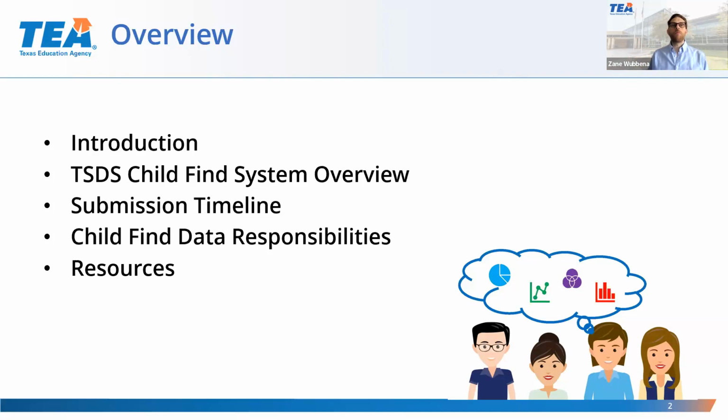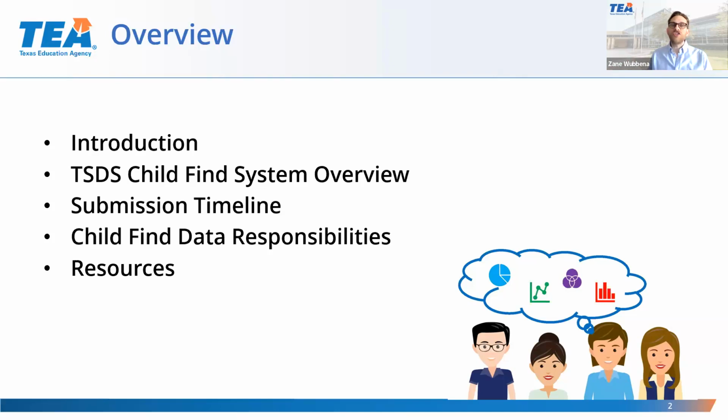From there, we're going to go over a general overview of the TSDS Child Find system. Jeremy's going to take over and walk you through a diagram. It provides a high-level perspective on the Child Find system, but not just the system itself. It helps you understand some of the dependencies and impacts of this system, and how that data maps or bleeds through to all of these other activities that we have, whether they're state or federally required.